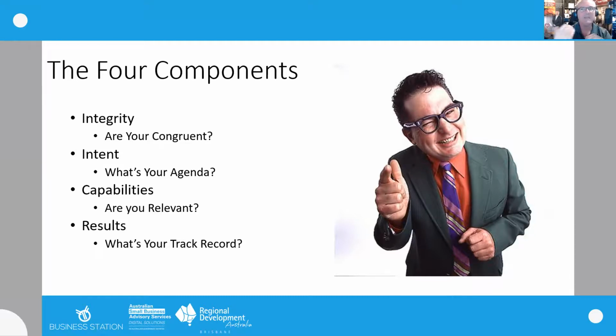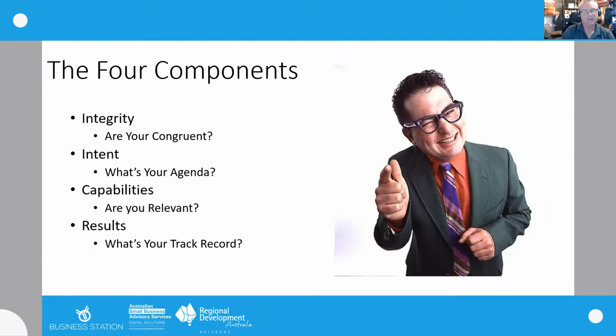So when people are meeting you for the first time, they're looking at those first 2 areas. Absolutely. Are you in alignment with who you say you are? And am I aware of any particular agenda? Is your agenda pure? Is it about a case of serving me as a client potentially?